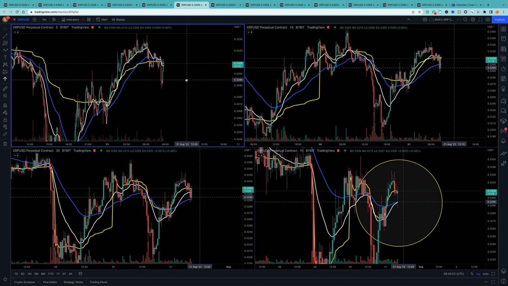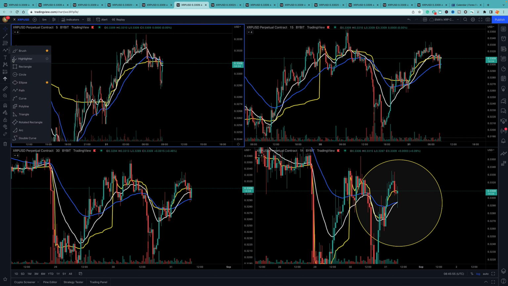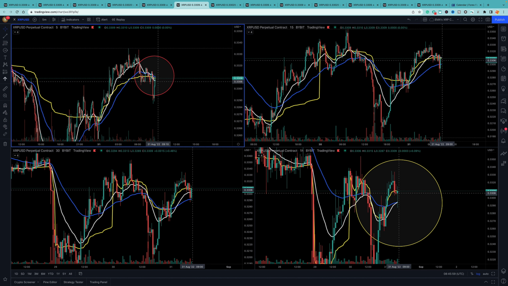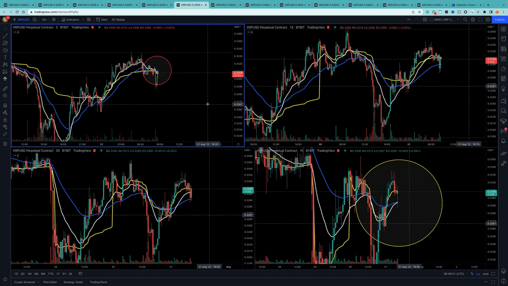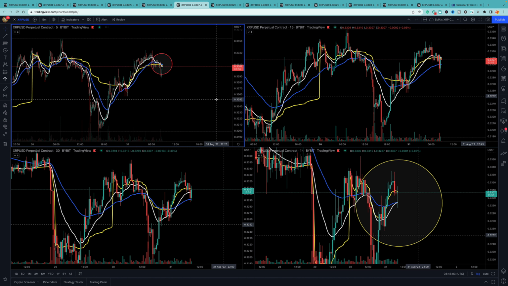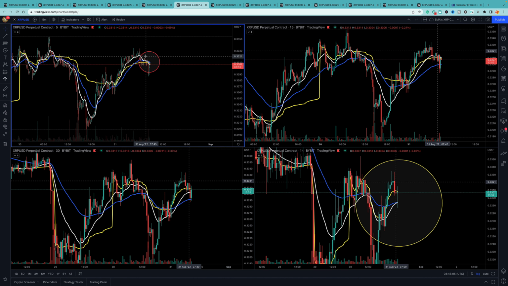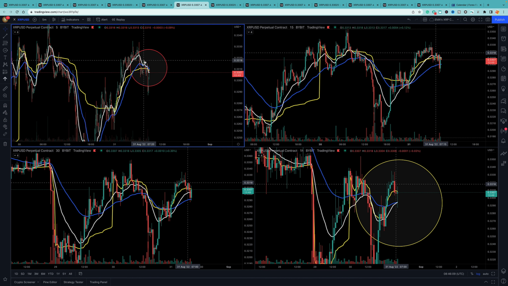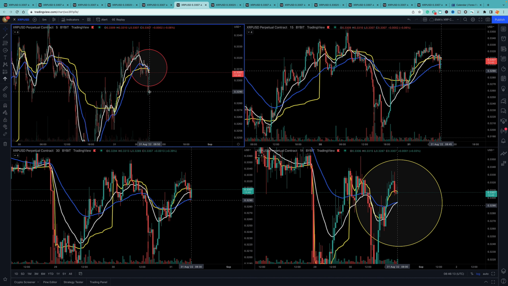If I go over to the top left, again I'm going to circle that one in red. You can see on the 5 minute, you see this 5 minute impulse, and the 20 cross down through the 55, and this is the drop down from it, yeah.